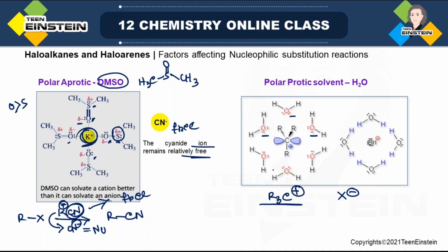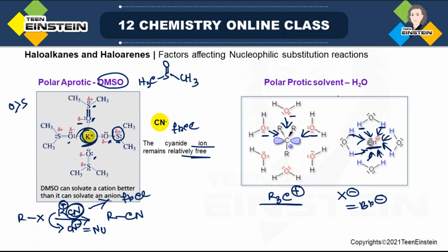So oxygen, as it is the negative part of the water molecule, is facing this positive charge, stabilizing it. And when it is a negative one, suppose if X is Br minus, that is also getting some stabilization, but now the hydrogen is facing Br. So in this way, it is stabilizing both cation and anion.